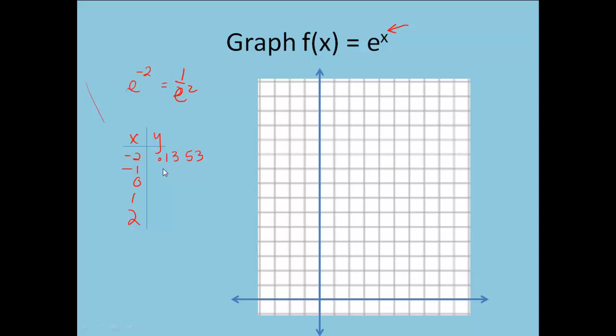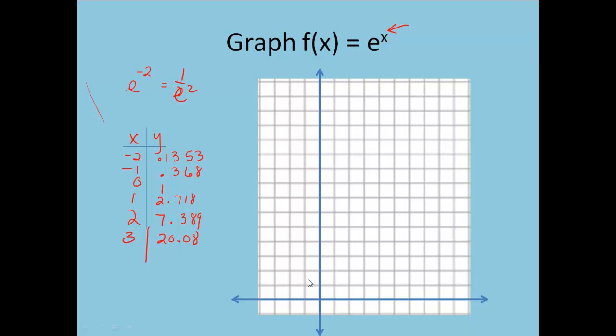0.1353. When I plug in -1, I get 0.368. 0 is going to give me 1. 1 gives me 2.718. 2 gives me 7.389. If I add 3 down to my table here, it gives me 20.08.